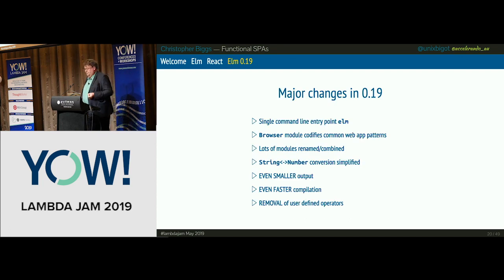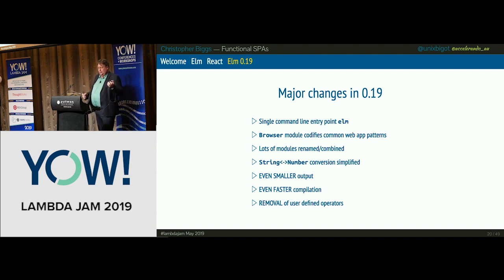So let's briefly go through the changes in this release. The command line had a major refactoring, merging all the entry points like elm-make and elm-package into a single command. So unfortunately, all your build scripts broke. But on the good side, previously there were 5 or 10 different modules that you had to import to properly do responsive web pages.